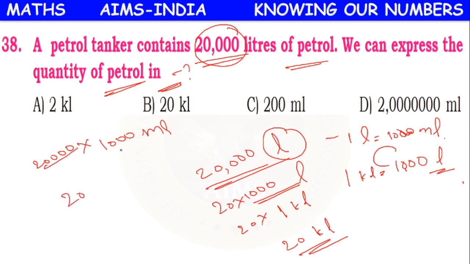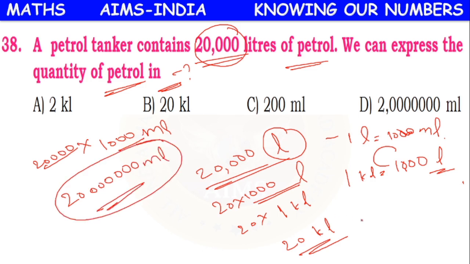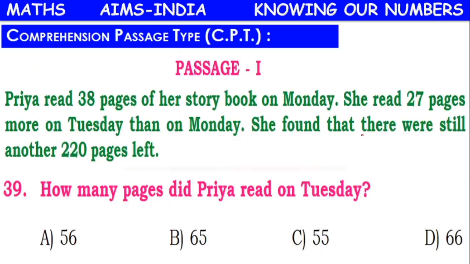So 2 followed by 7 zeros, milliliters, or 20 kiloliters. These two are the correct options. So B, D are the correct answers.